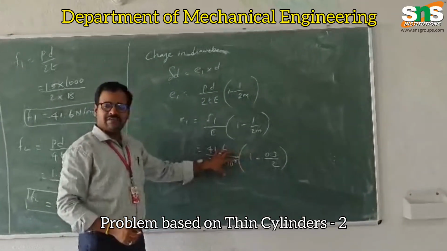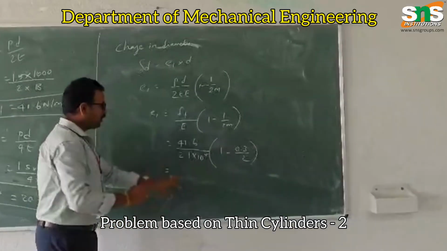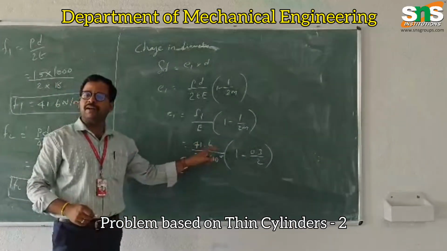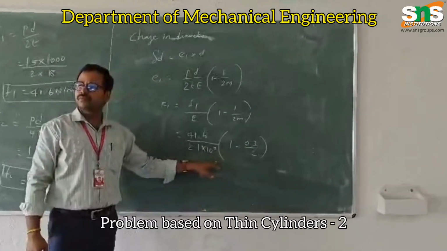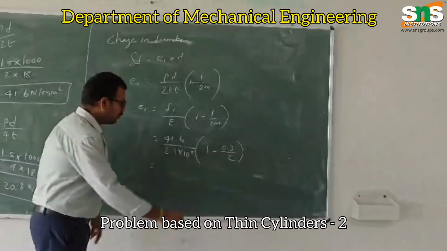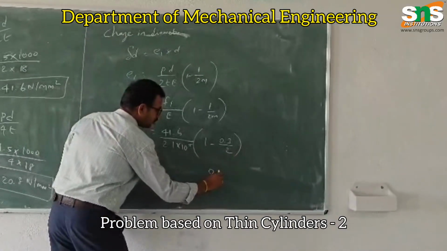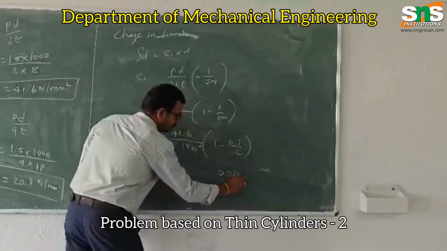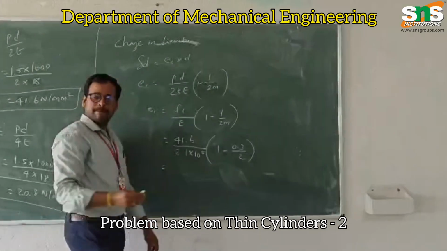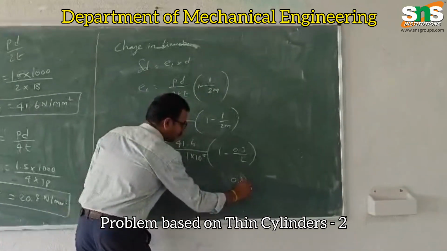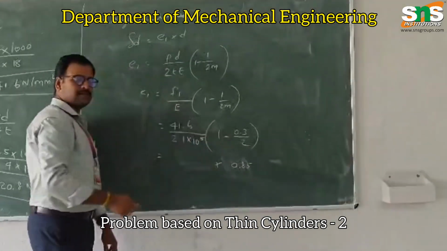You can separate the equation. What is the simplification of 41.6 divided by 2.1 into 10 to the power 5? This one, 0.085. Then 0.85.